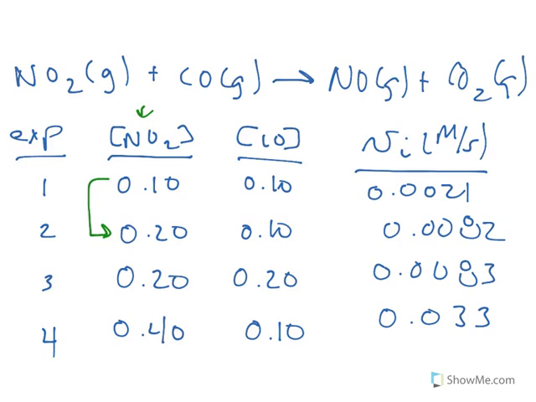All right, so going from 0.1 to 0.2, we would say that concentration doubled. And then going over here to see what happened to the rate. So it went from 0.0021 to 0.0082. Some of you may not be as comfortable doing some of this math in your head. So what you could simply do is just divide the increased number, 0.0082, by 0.0021.